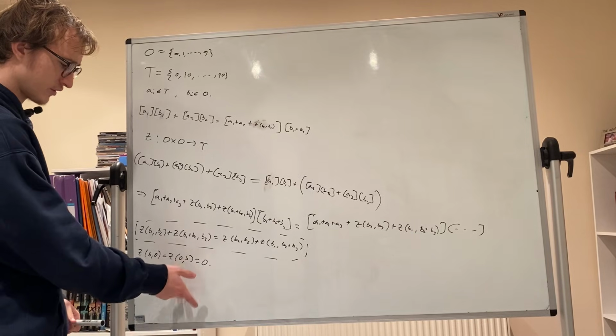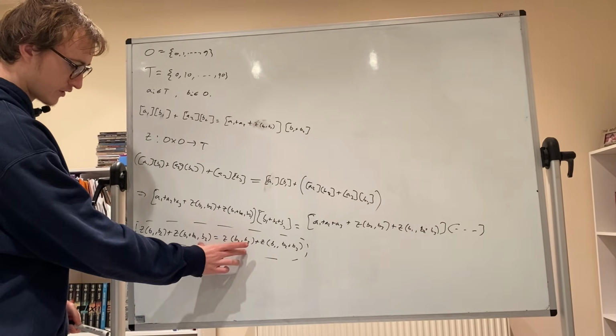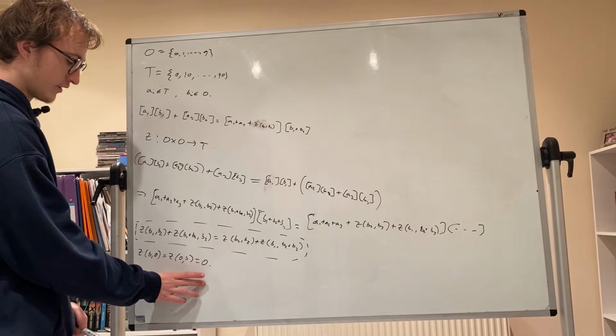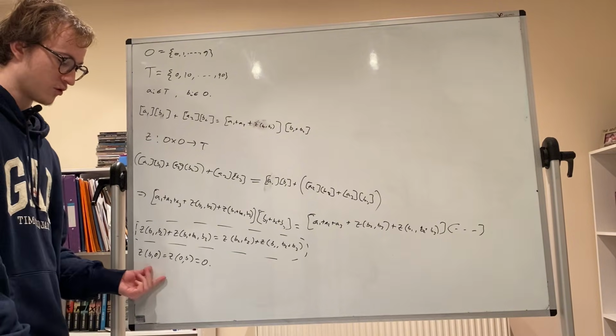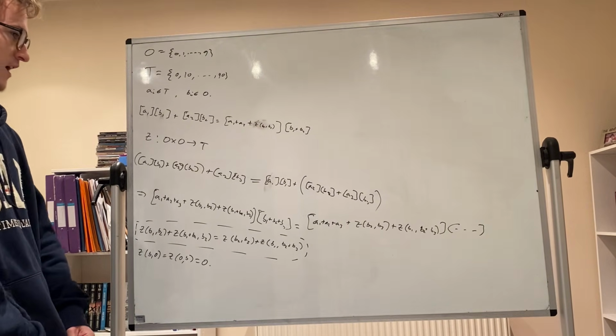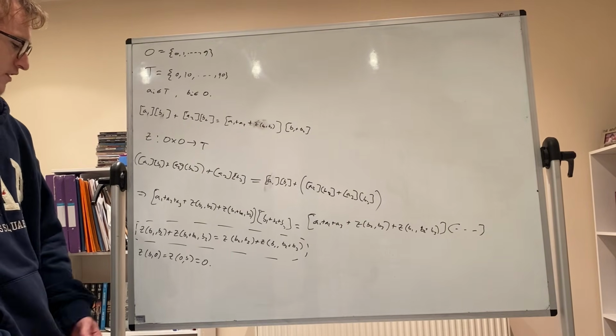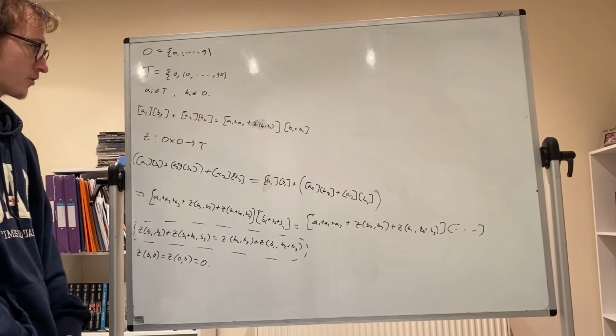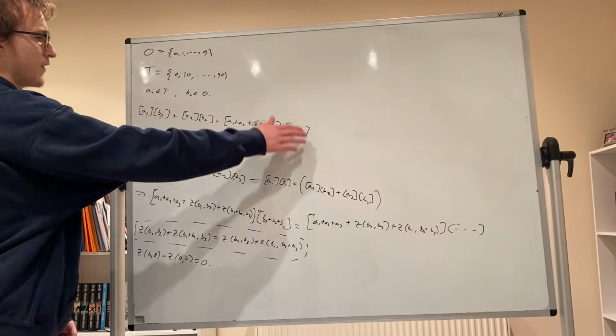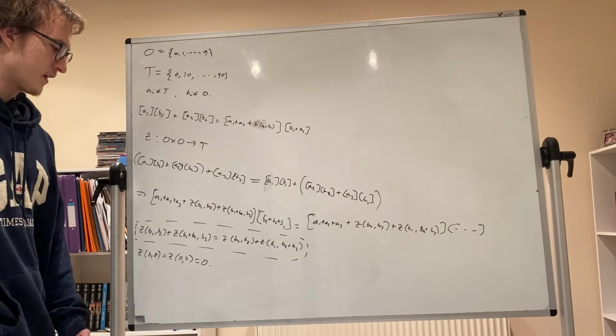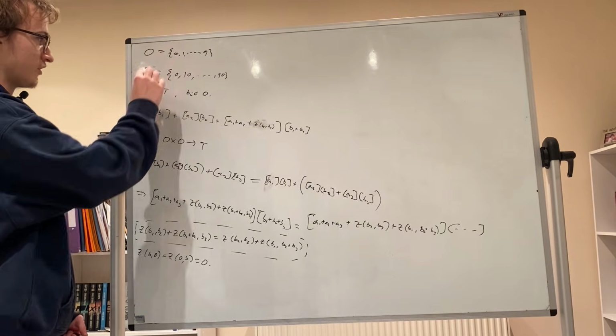And these two conditions, this one here is called the cocycle condition, and this one here is called, I think, the normalization condition or something. And recall that these conditions are just coming from the fact that we want to define an addition structure built out of O and T.